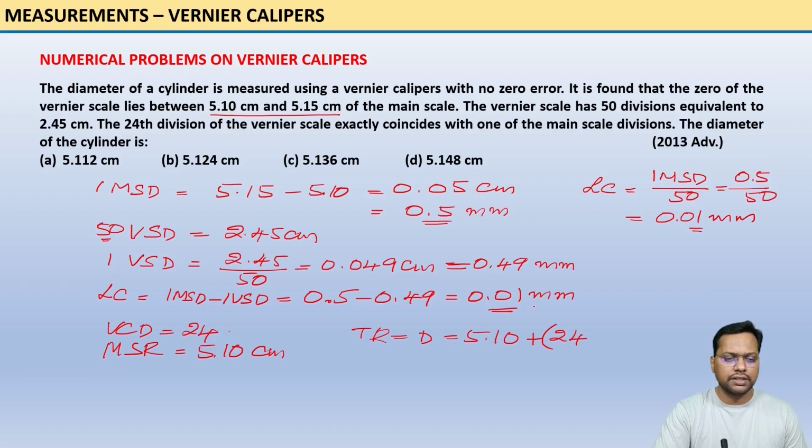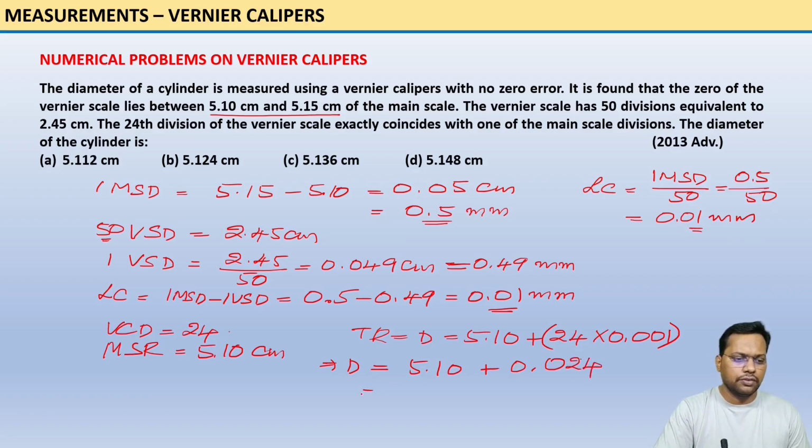We need to convert it into centimeters, that is 0.001. Therefore, the diameter is equal to 5.10 plus 0.024, that is 5.124 centimeters. So, this is the diameter of the cylinder.